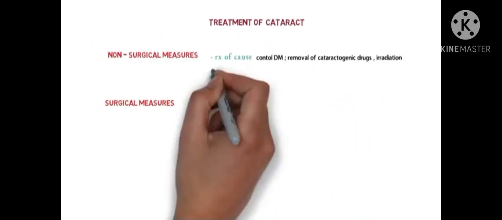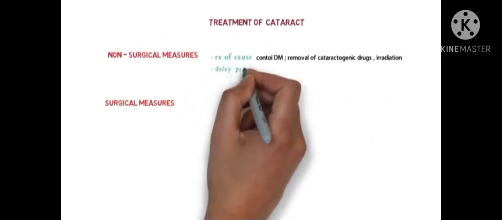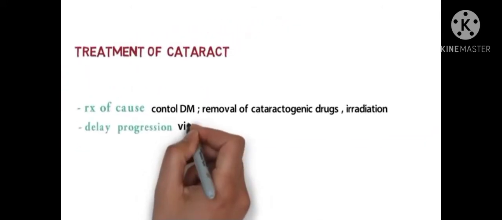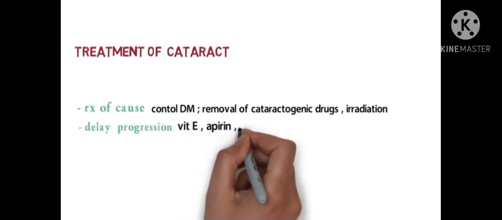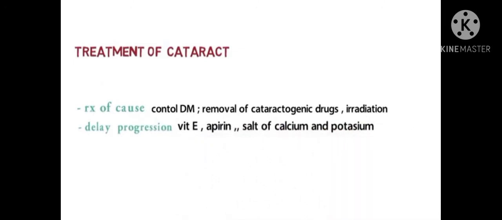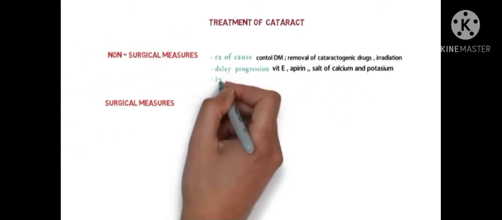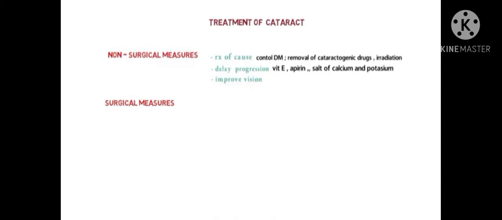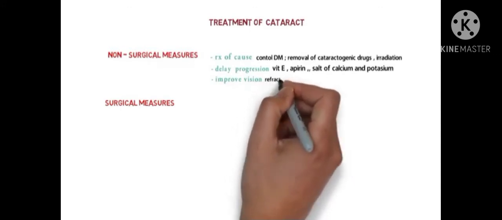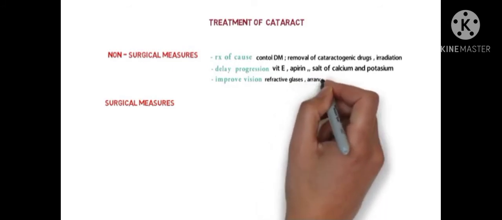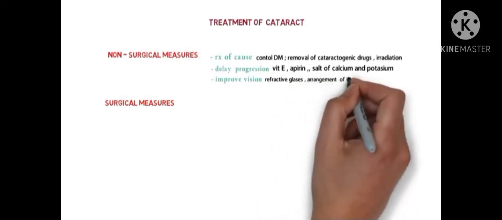The second is measures to delay the progression, like giving vitamin E and aspirin. We can also use iodide salts of calcium and potassium. The third is improving vision by arranging illumination, prescribing glasses for refractive status, or use of dark goggles in patients with central opacities.